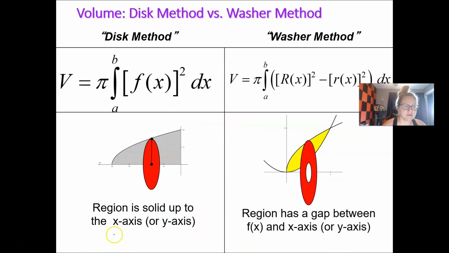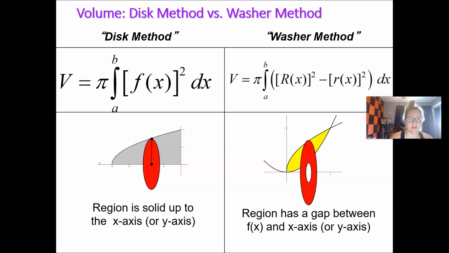Oh, cool. Yeah, here's my little summed up slide for you. So it has the disk method versus the washer method. So when you have a solid region between the function and the axis that it's being revolved around, you would use just pi integral function squared, versus when there's a gap between it, there's a hole, then you need to make sure you're subtracting out the volume of that hole.